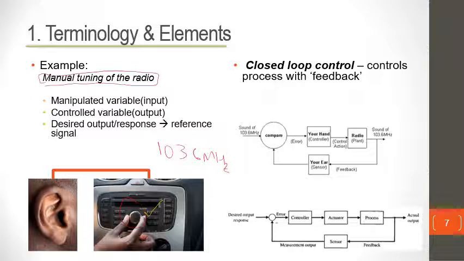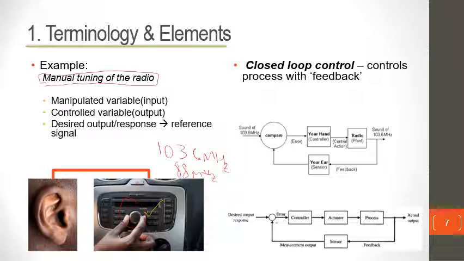Now, what would happen is the system would have a certain state. Maybe the system is on 88 megahertz currently. Now, because you want to listen to your music at 103.6 megahertz, what you would do is you would use your eyes together with your ears.